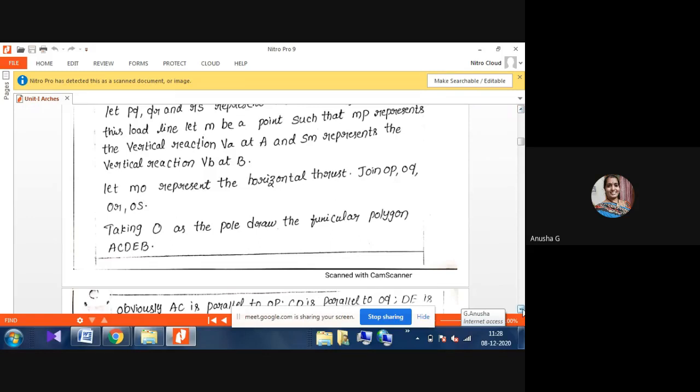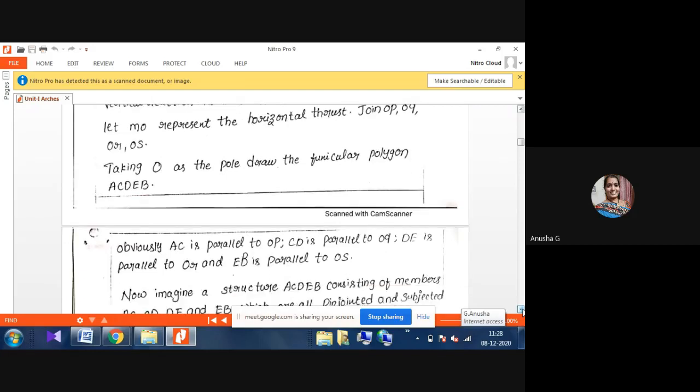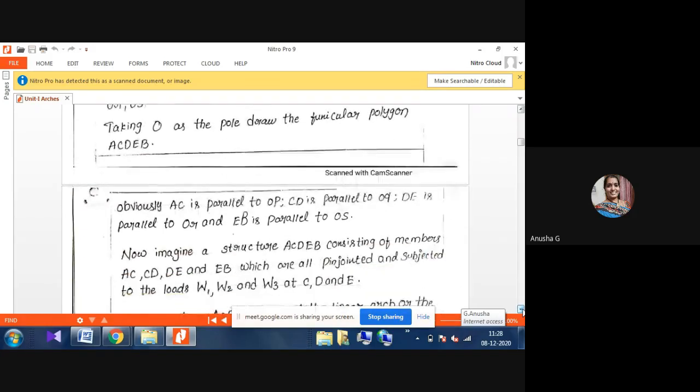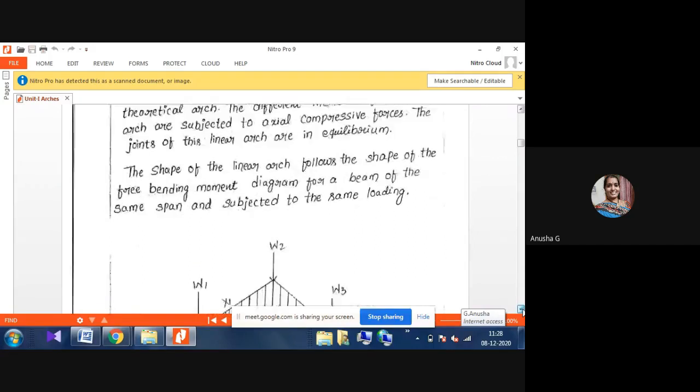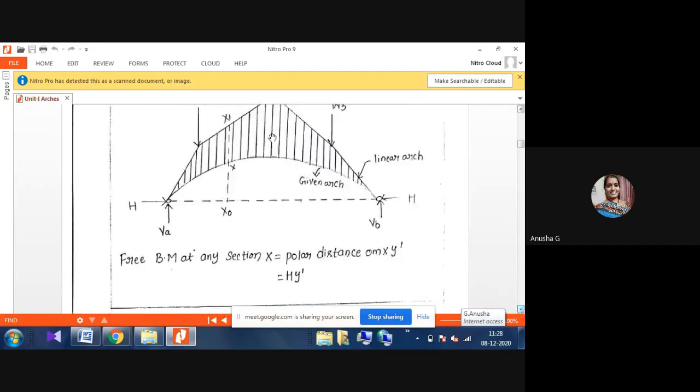We have to draw the figure, and then take the polar pole. We have to draw the funicular polygon, and then we will directly go for the formula. This is our equation, the combination of two arches due to the polar distance.